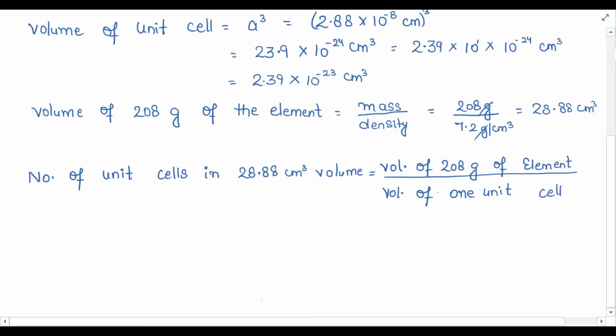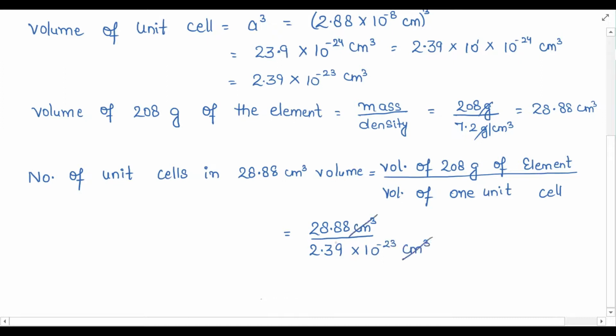Obviously, if you divide these two terms, you'll get the number of unit cells, right? So the volume is 28.88 centimeter cube divided by the volume of 1 unit cell, which is 2.39 into 10 raised to power minus 23 centimeter cube.